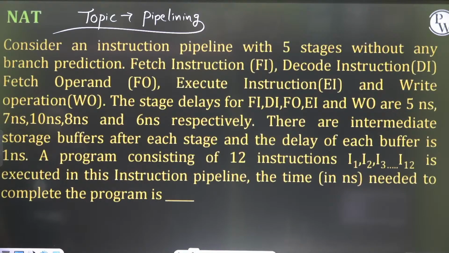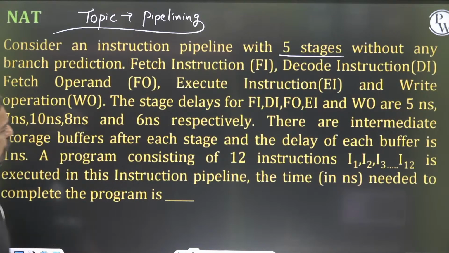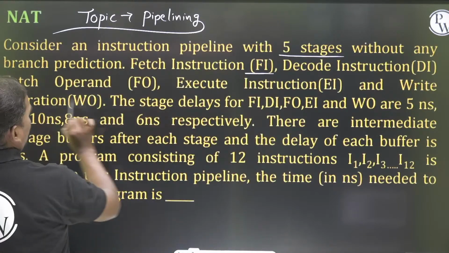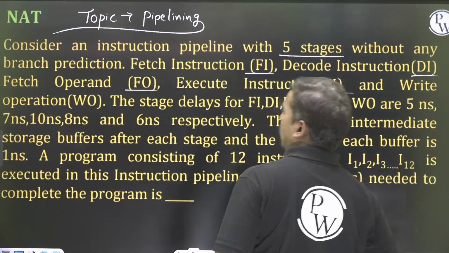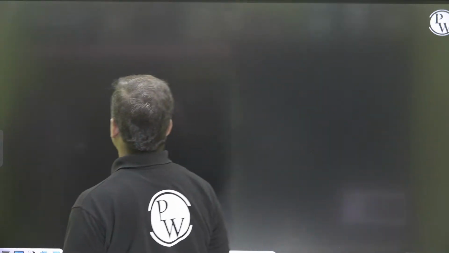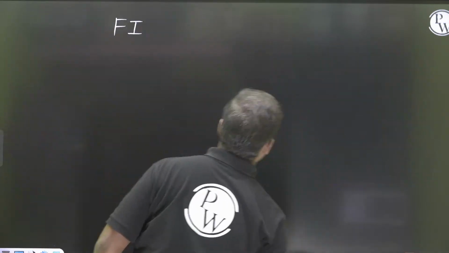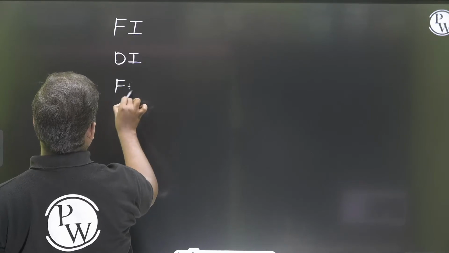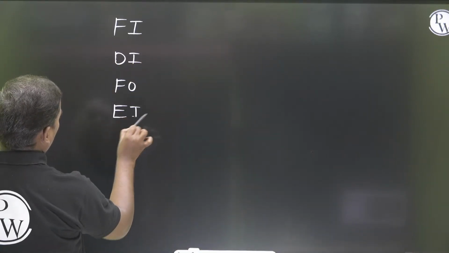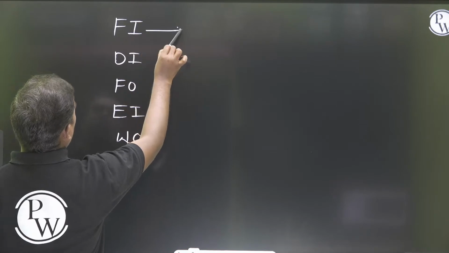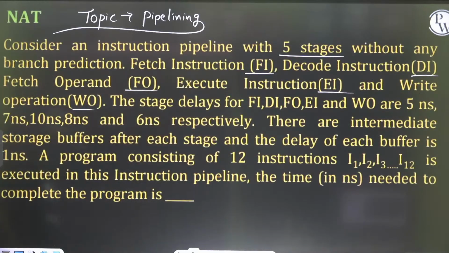Consider an instruction pipeline with 5 stages without any branch prediction: fetch instruction, decode instruction, fetch operand, execute instruction, and write operand or result. So there are 5 stages: the first is fetch instruction, next decode instruction, next fetch operand, next execute instruction, and write operand. So 5 segments, 5 stages.